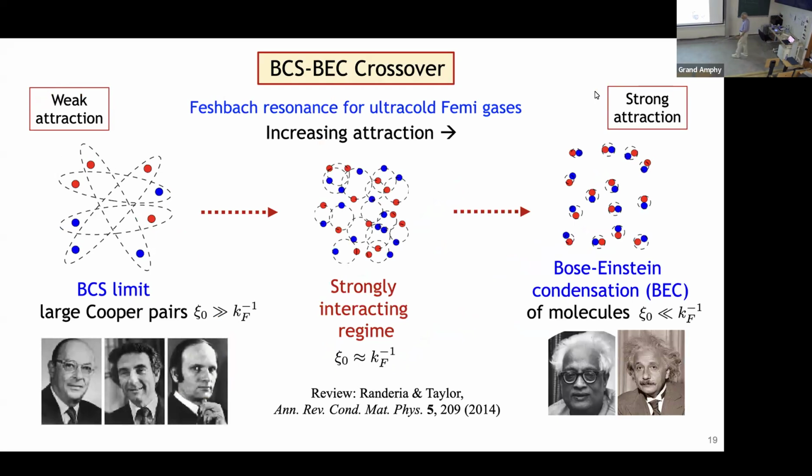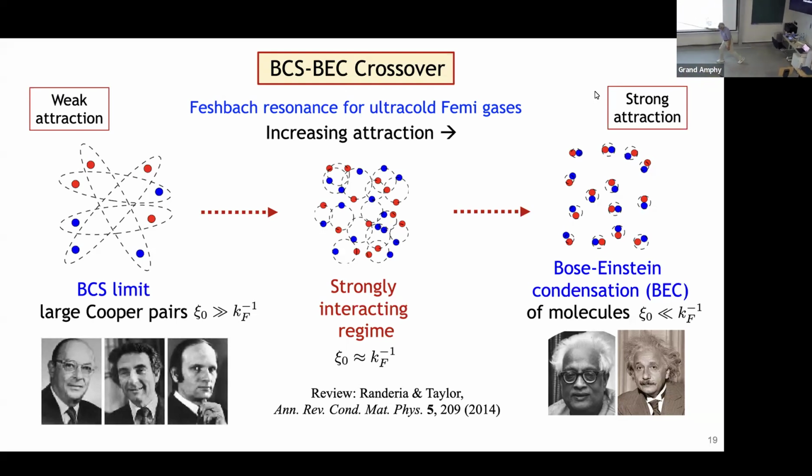So this is the story of the BCS-BEC crossover, because I thought that this would be the first place it would be tested. It turned out not to be, but that's okay. In ultra-cold atoms, you can actually tune the interaction in the lab, which you can rarely do in the solid state, and go from the regime of BCS theory with huge Cooper pairs compared to the interparticle spacing to a Bose-Einstein condensation of molecules whose size is tiny compared to the interparticle spacing.